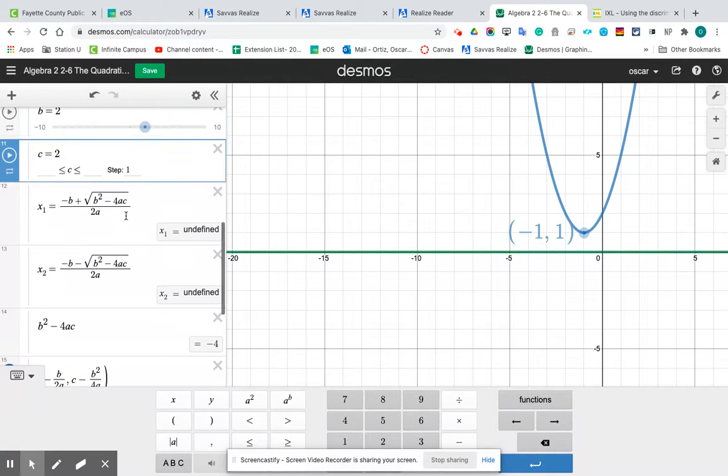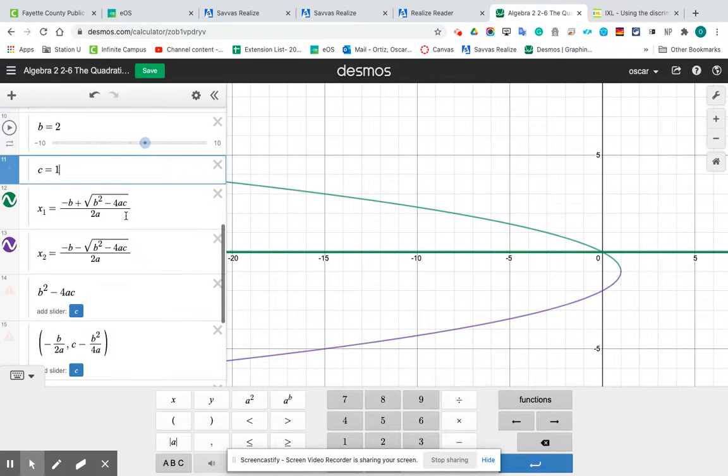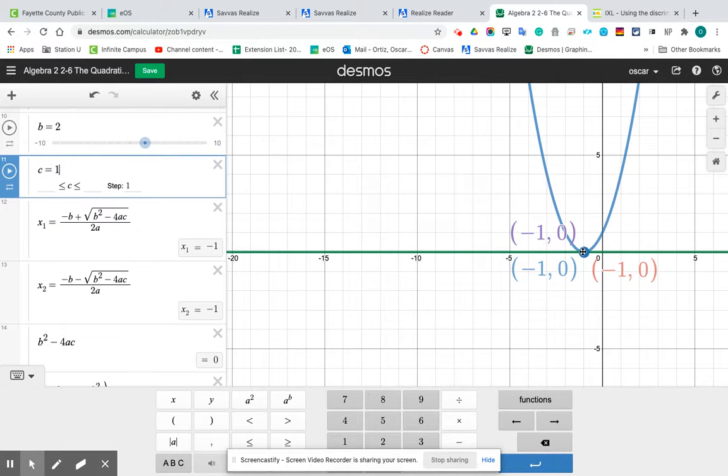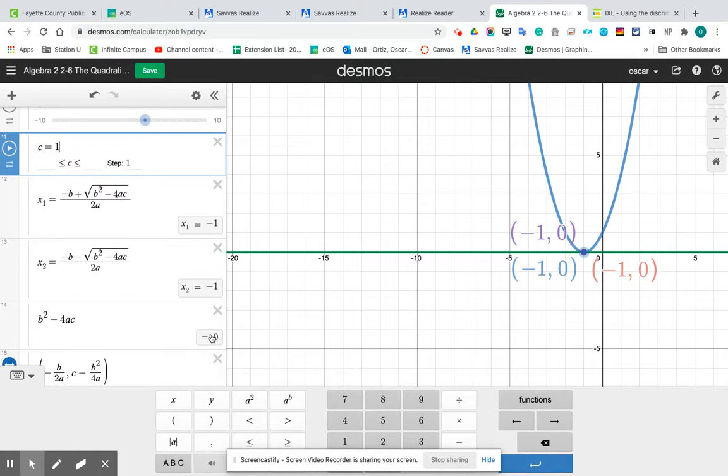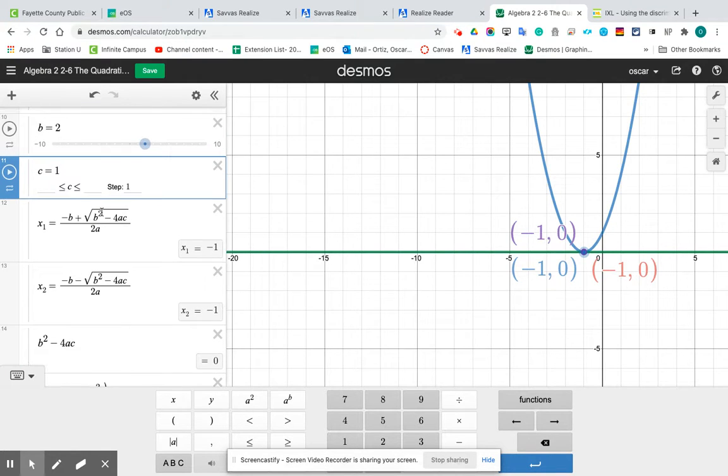But if we went back to that one right there, there is one x-intercept, and that happens exactly when the number b squared minus 4ac is 0, because then in that case, you will only have one answer. This is going to be 0, and it doesn't matter if you add that number or subtract that number, you will get the same answer.